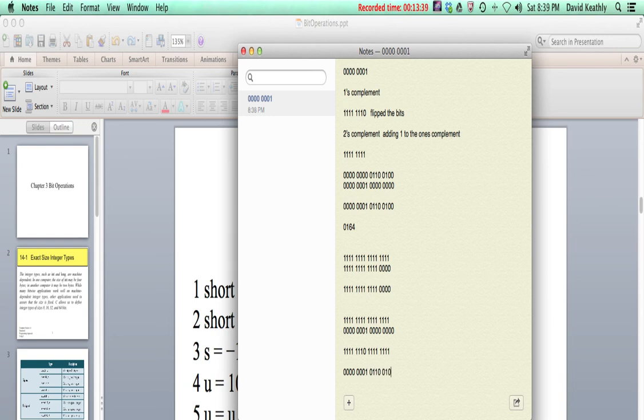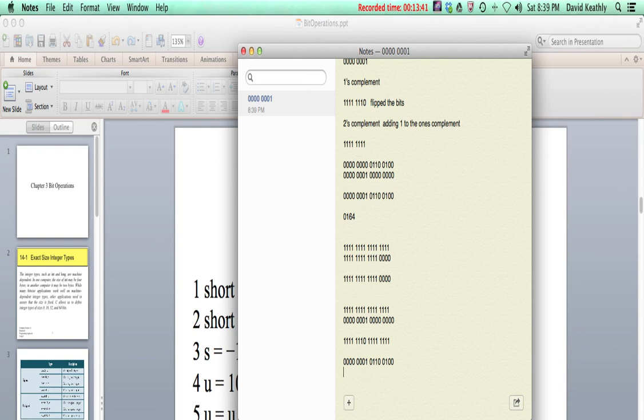So if we're going to shift that to the left 3 times, it basically means the first time, the first shift, we'd get rid of the first 0, we'd shift the next 3, and then we get a 0 from the previous bit. And then we get 0, 0, 1, and then 0 from the previous bit. And then we get 1, 1, 0, and then 0 from the previous bit. And then we get 1, 0, 0, and shift in a 0.